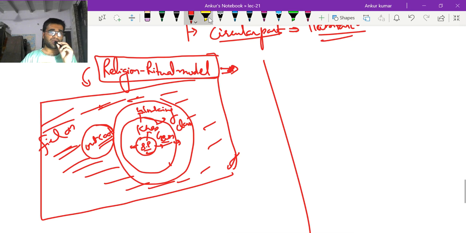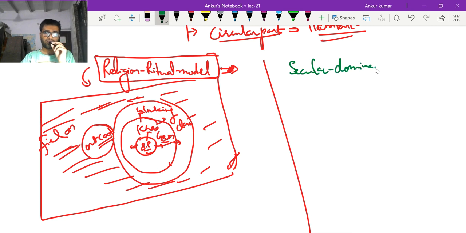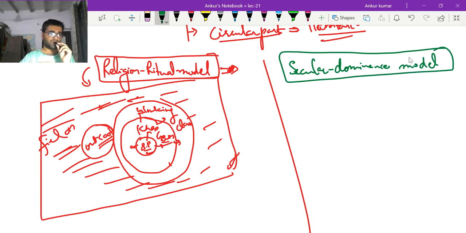On that basis, another model was given, which was called the secular dominance model. It is based on modern factors, whether they are the pull factors of the urban areas, or the receding of the caste factors. All these factors have led to the evolution of more complex settlements even in the rural areas, which we will study shortly.